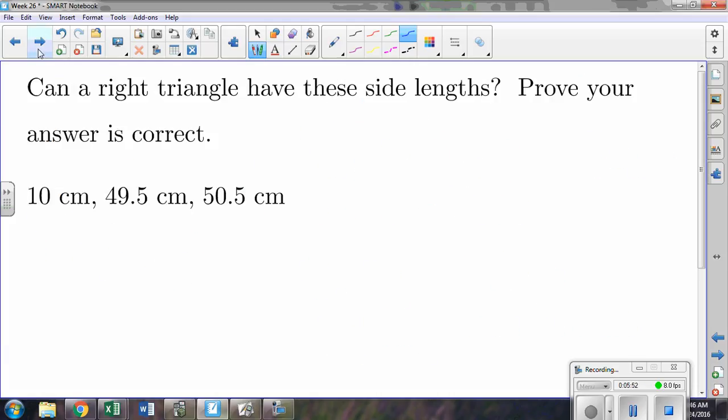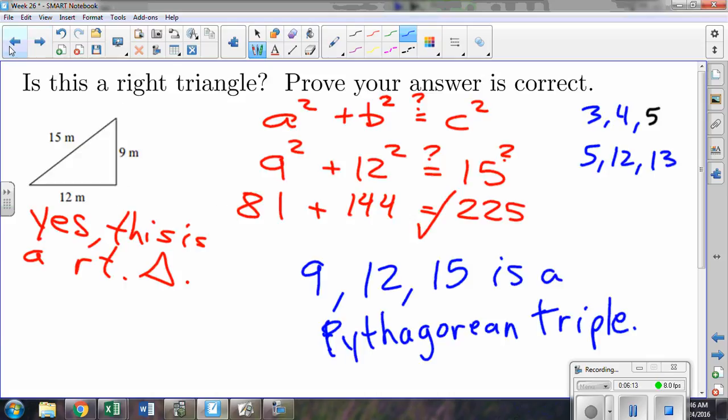So let's continue further. Is it possible for a right triangle to have these 3 side lengths? How is this problem different than the one we had before? The only difference is we don't have the picture. But when we had our last problem, we looked at it and said, well, leg, leg, hypotenuse, does it fit the Pythagorean theorem?